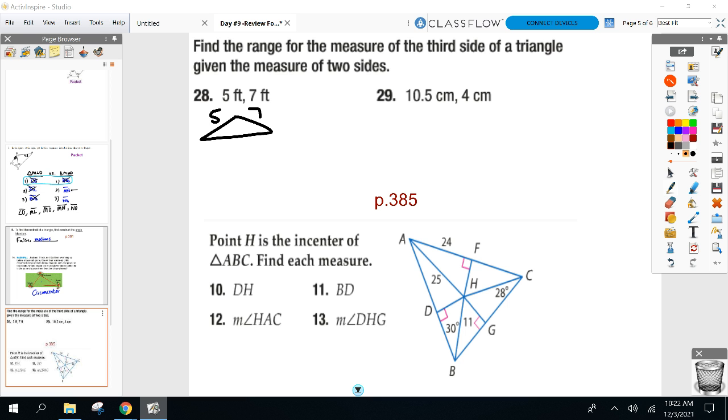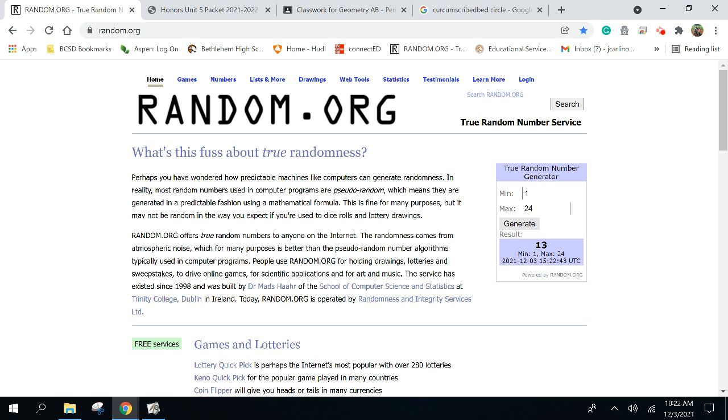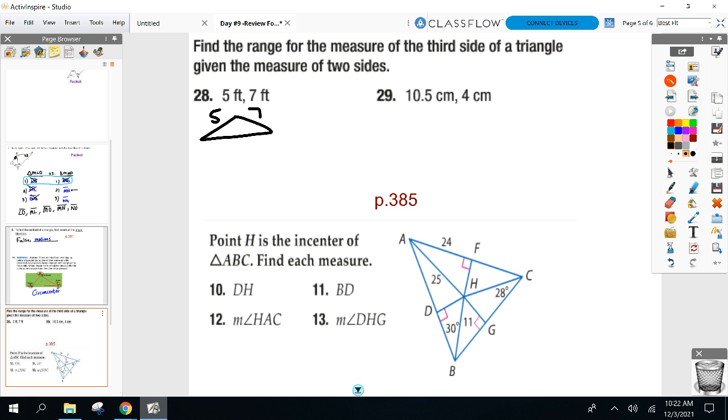Between 2 and 12. I'm going to write it just like this as a compound inequality. Remember the shortcut, so you don't have to list all of them out: subtract and add the 2 given sides.